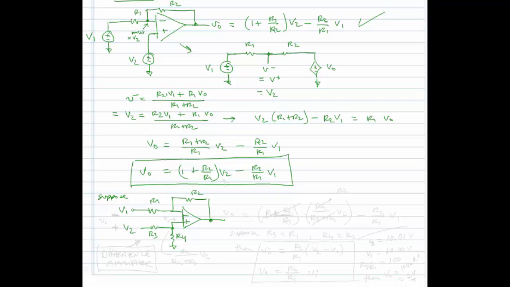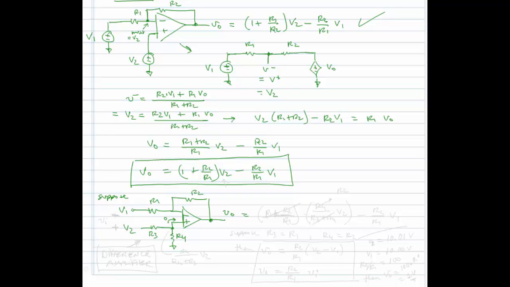Now I don't need to go through a bunch of analysis to solve this. I can write it by inspection. The reason I can write it by inspection is because there's no current flowing into I plus or V plus. I can state right away that V plus, the voltage at the non-inverting input, is now just a voltage division version of V2. It's going to be R4 over R4 plus R3 times V2.